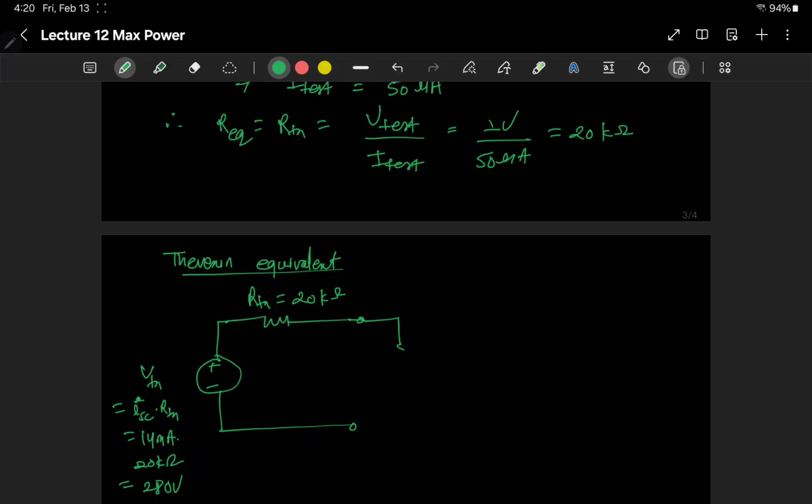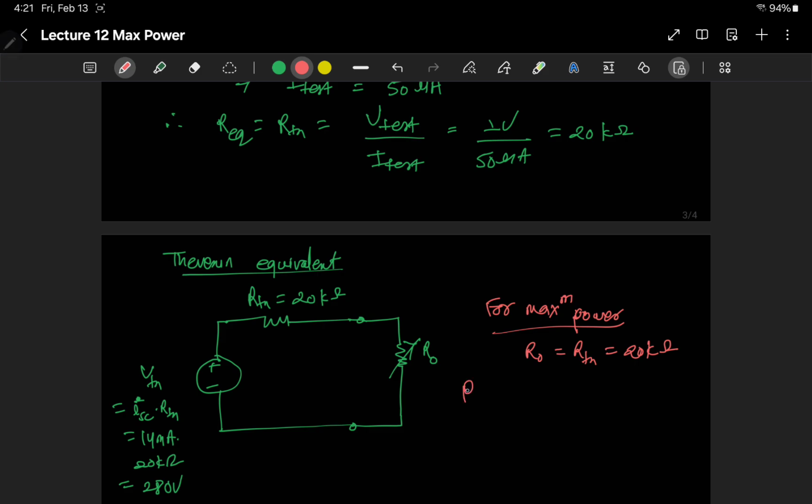And finally, if we had R naught here, for maximum power we know that R naught should equal RTH. That will be 20 kilo ohm, right? And then the second question was finding the maximum power.